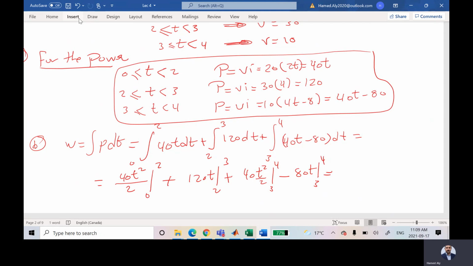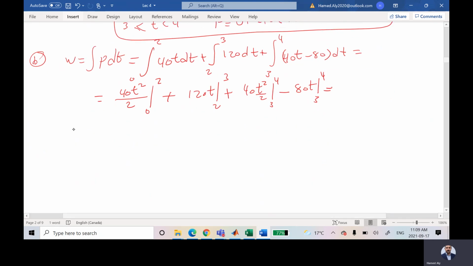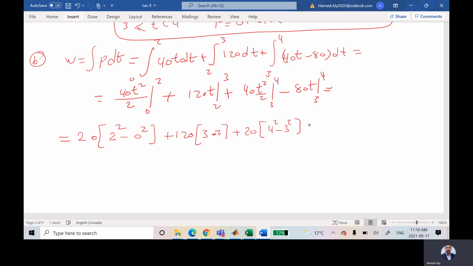And then you substitute into your equation: this is equal to 20 multiplied by 2 squared minus 0 squared, plus 120 times 3 minus 2, plus 20 multiplied by 4 squared minus 3 squared, minus 80 multiplied by 4 minus 3. Am I right, guys?